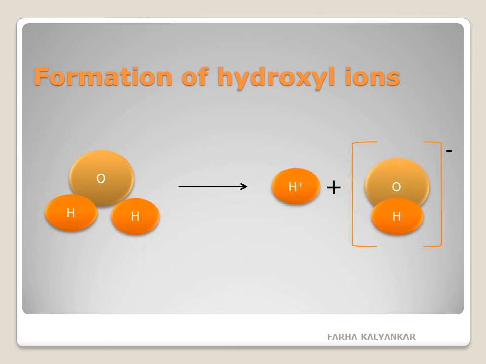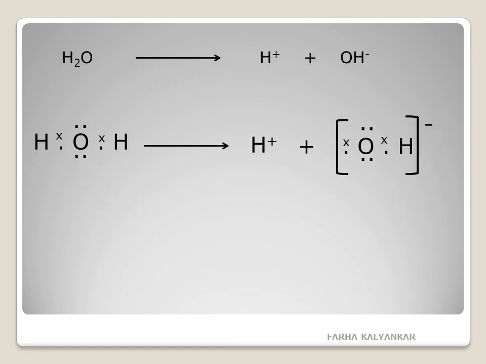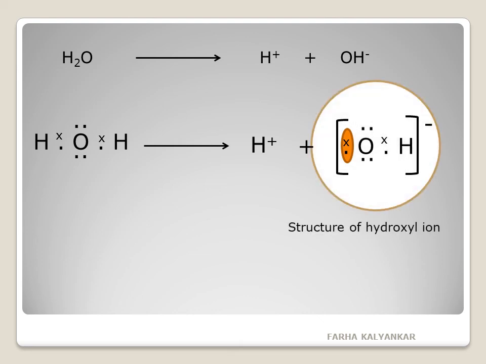The formation of hydroxyl ion from water molecule is given by this reaction. The electron dot structure for the formation of hydroxyl ion is represented as this, in which you can see that the electrons are being taken up by the hydroxyl ion, thereby giving out hydrogen ion.